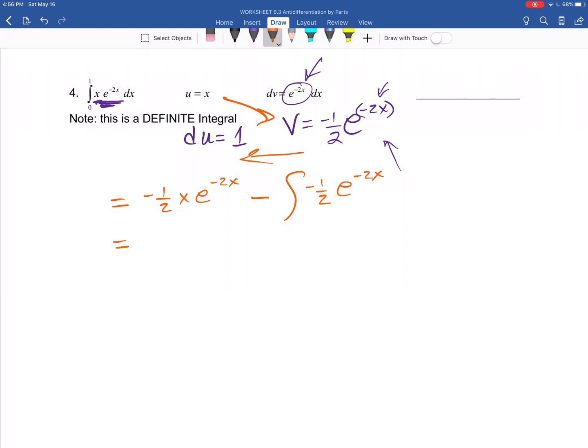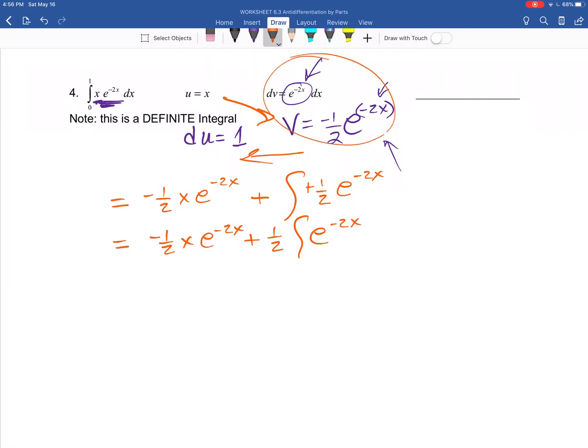Okay, let's simplify it a little bit. And we're going here from 0 to 1. Okay, let's wait to put those limits. Okay, here we go. Negative 1/2 x e to the negative 2x. Now, negative times negative, that's positive. Bring the 1/2 out front. Here it is. Integral of e to the negative 2x.